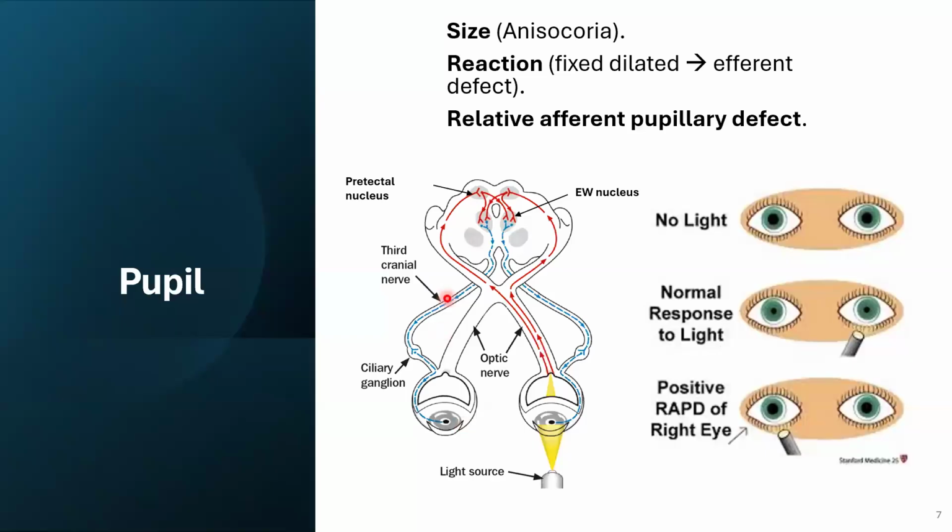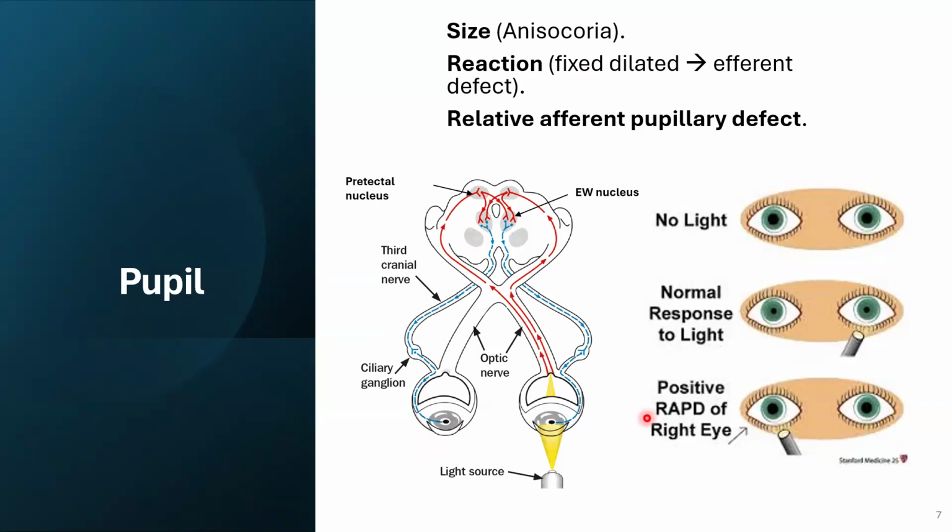Let's suppose that we have an efferent problem in this area. You will have a fixed dilated pupil in this area. When you shine the light here, this pupil will constrict, but this one will remain fixed dilated. You go here, this will constrict, and this one will remain fixed dilated, and this indicates an efferent defect. So an efferent defect will cause a fixed dilated pupil and anisocoria, which is a difference in the size of the pupils.